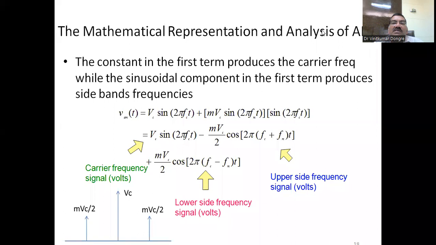What is this? This is VC, so the first part is VC.